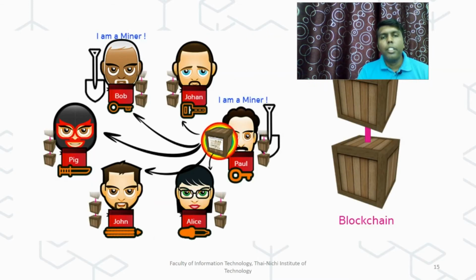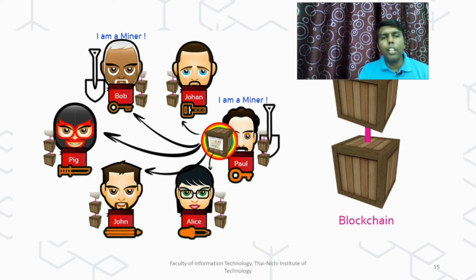And then this is like a miner. So here Paul is creating a transaction and all the others are being miners, and they will do some verification. Here Bob, Johan, Alice and John will have a positive impact on the network, while Pig is a malicious node, and that will be saying it is not a right one.